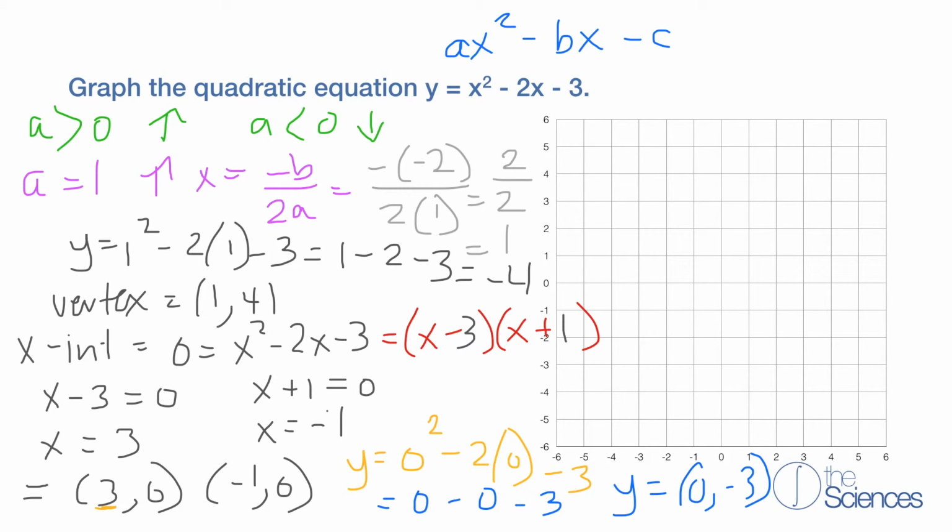So now what we're going to do is plot our vertex and our intercepts. So our vertex is at point, starting from our origin, 1, 4.